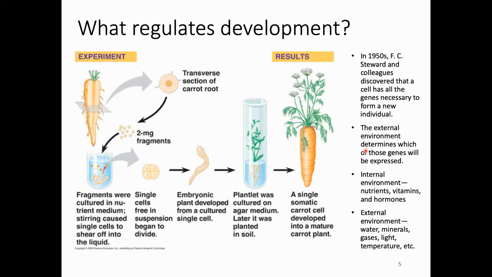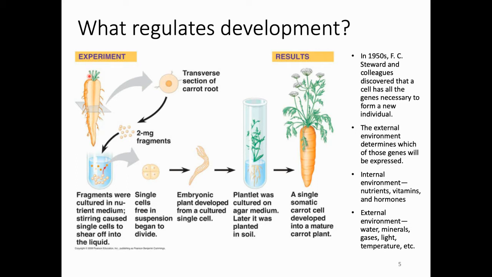In the 1950s, Steward and his colleagues at Cornell University illustrated this concept with a tissue culture experiment. They began by isolating parenchyma cells in carrot tissues and put them in a nutrient solution.